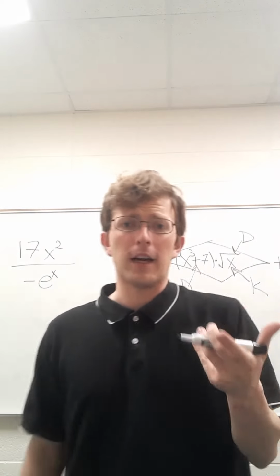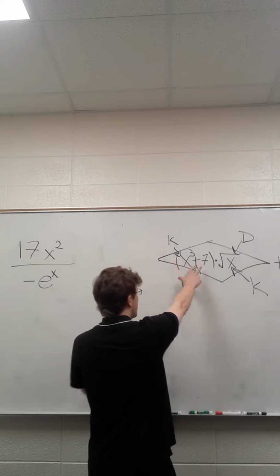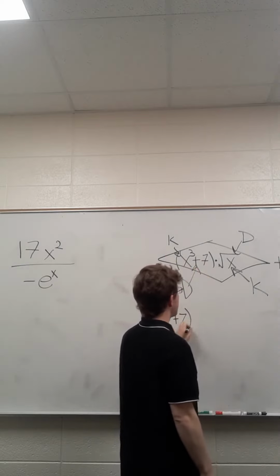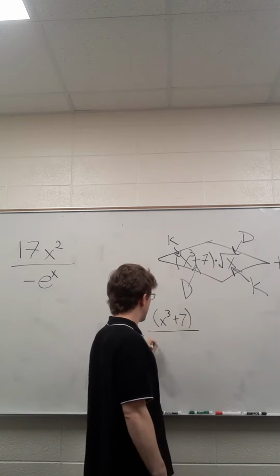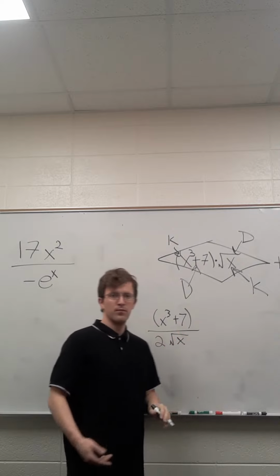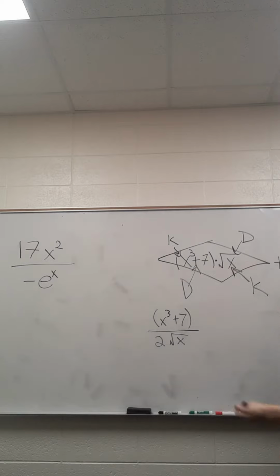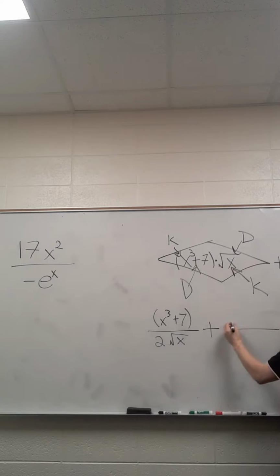Okay, so what does that look like? Well, keep x cubed plus 7, differentiate square root of x. That's 1 over 2 square root x. Plus, keep square root x.